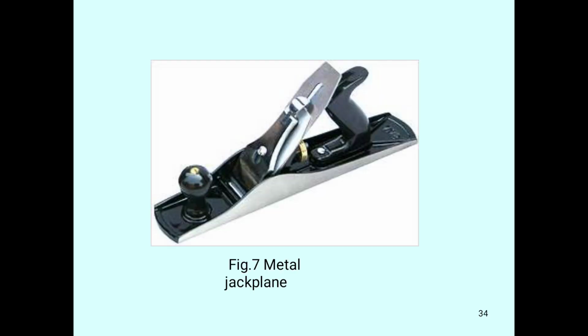Next, this is a diagram of a metal jack plane. Here we can see the knob and handle.